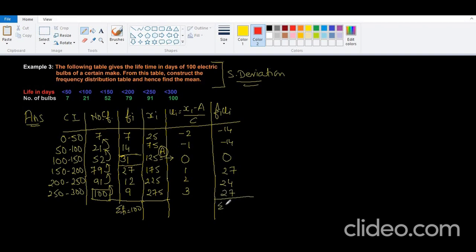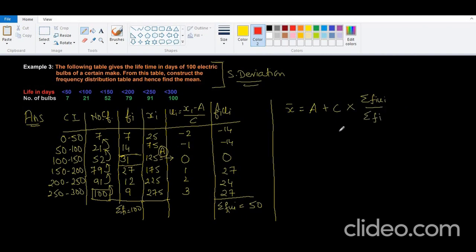If you add sigma FiUi, you will get 50. Then afterwards you have to replace it in the formula. And what is the formula for step deviation? X bar is equal to A plus class length C multiplied by sigma FiUi upon sigma Fi.